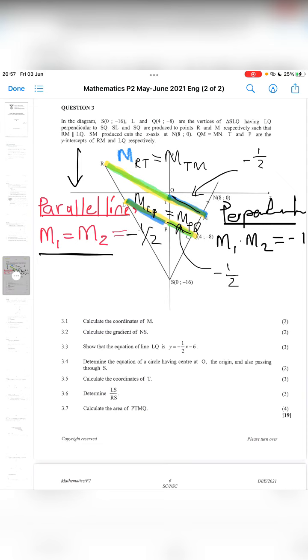So we know that we've got parallel lines over there. Yes, that's correct. And then because we've got parallel lines, let's see. Okay, it seems like we might need one point that we can use.